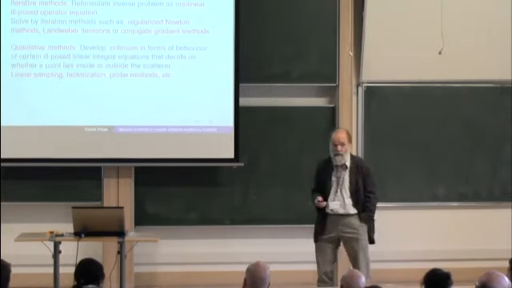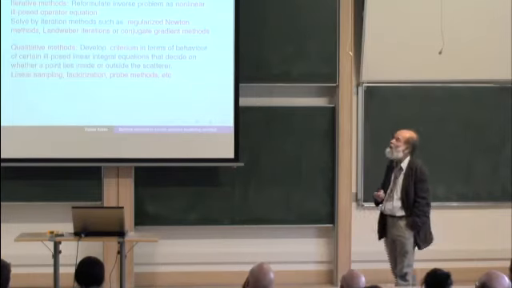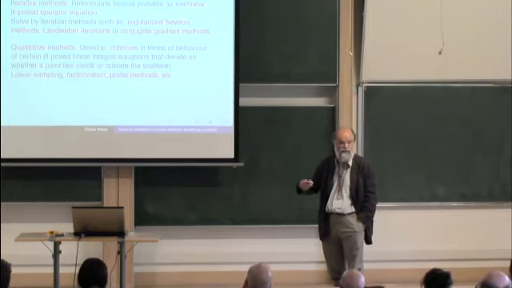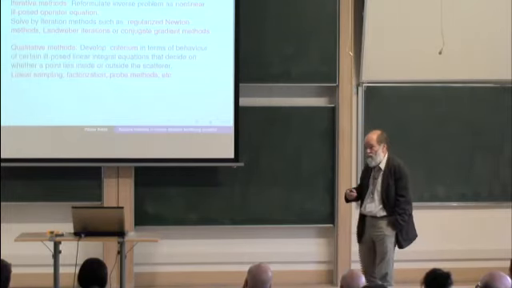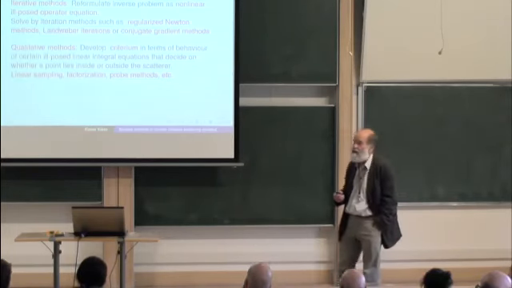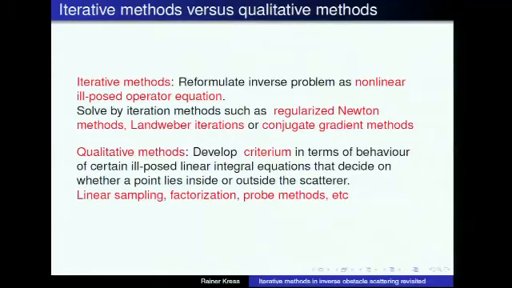And the other methods are qualitative methods, and their principal idea is to develop a criterion, each method a different criterion, and these criteria in general are in terms of linear ill-posed integral equations, and at some stage these integral equations, either the operator or the right-hand side, contain a parameter point, and then the behavior of this integral equation, solvability or not solvability, etc., decides on whether a point belongs to the scatterer or not.